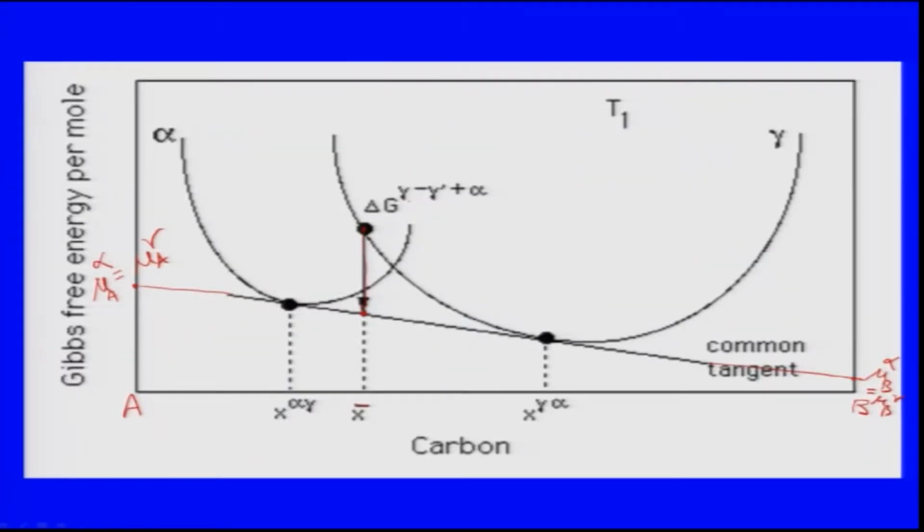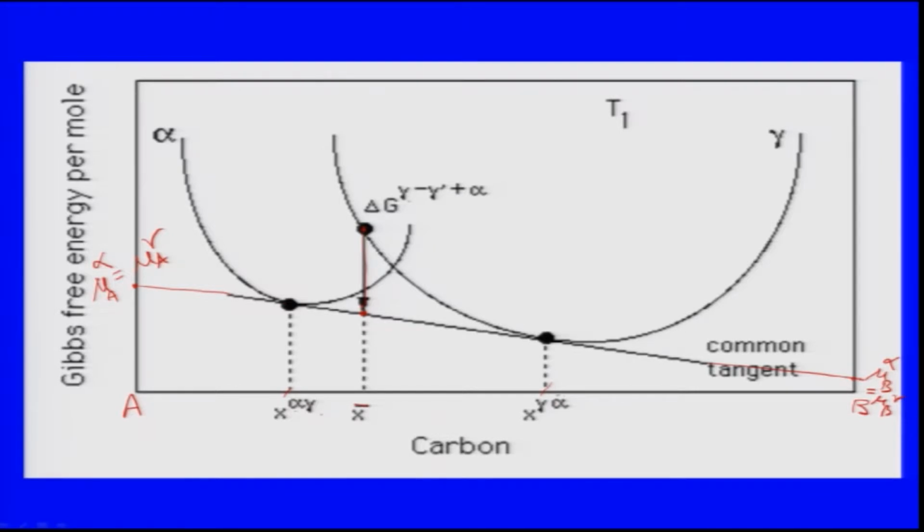This alpha gamma means suppose the equilibrium composition of the alpha phase in contact with gamma, and the equilibrium concentration of the gamma phase in contact with the alpha. They will remain in touch with each other, but their compositions will be different. One composition is here, the other composition is there. That is why you have to mark alpha gamma here, gamma alpha there, otherwise it will be confusing.